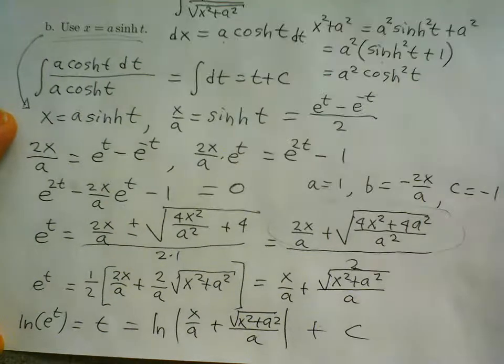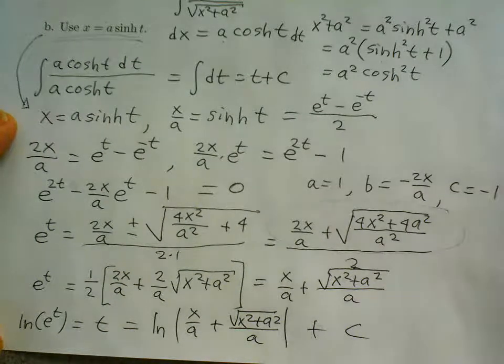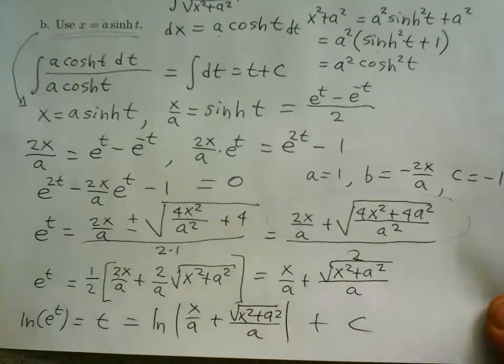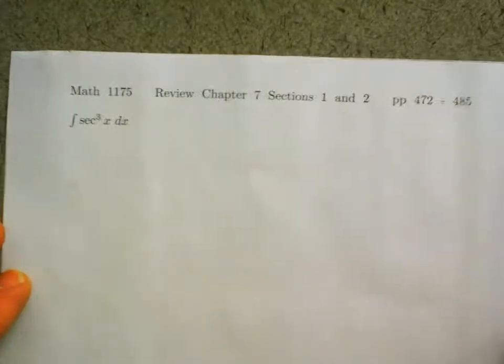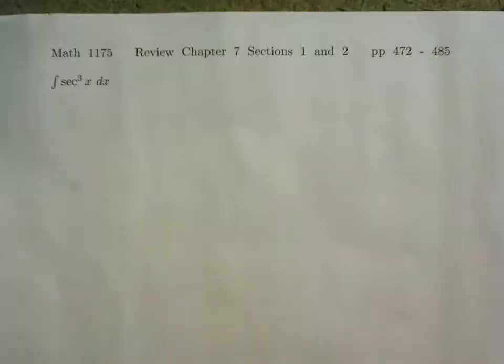Okay, there's about 5 minutes left. There's at least one problem from the last Wednesday's lecture notes that I want to get to. Okay, this one, this is from our review day over chapter 7, sections 1 and 2.